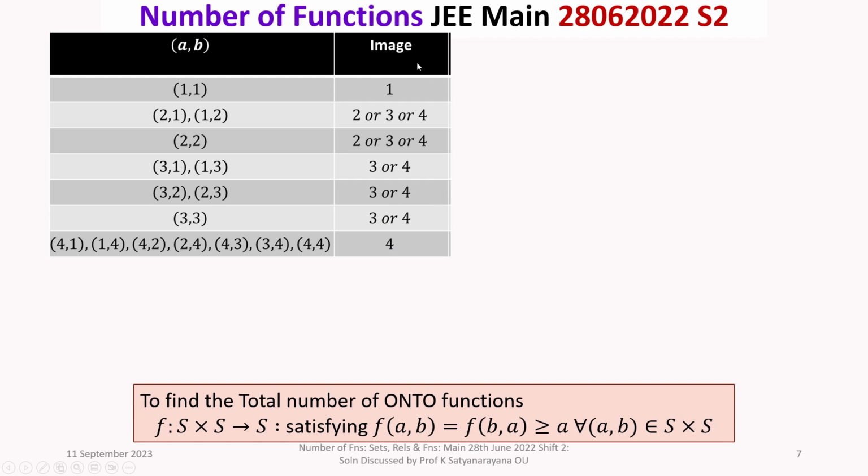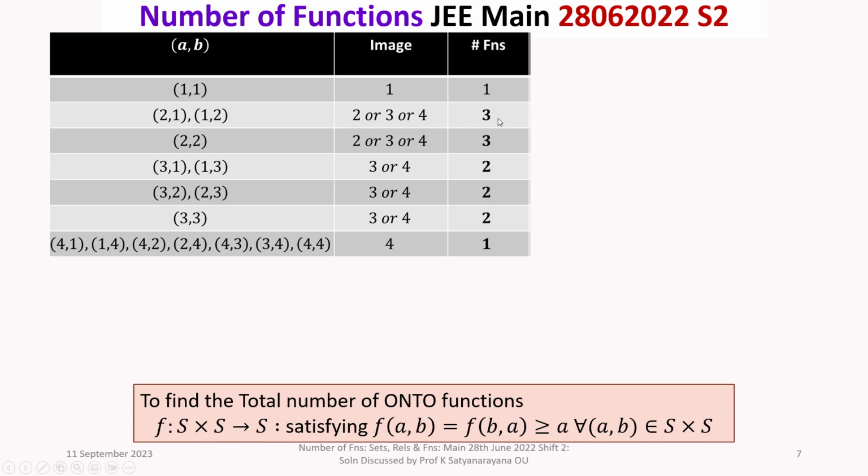Agreed. Now let us see the number of choices. (1,1), how many choices does it have? 1. (2,1), (1,2) both have 3 choices. (2,2) has 3 choices. (3,1), (1,3) both have 2 choices. So the number of choices we have written is 1, 3, 3, 2, 2, 2, 1.